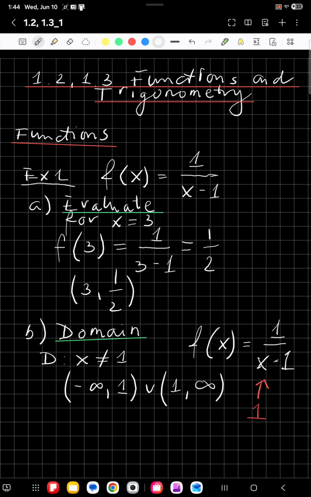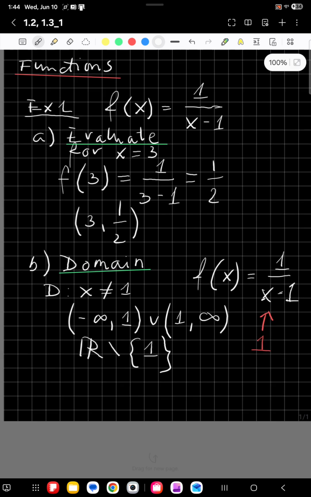Okay, so that's another way, and maybe we could also write something like this. So all real numbers except, or minus, right? And I'm using those curly brackets to indicate that I only mean 1, right?